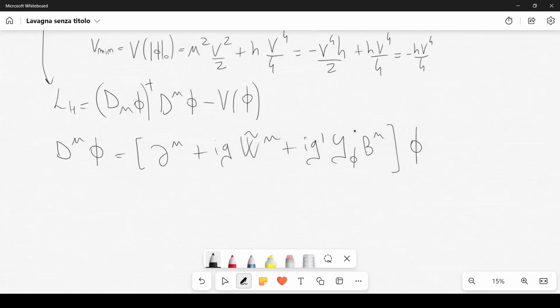Just like in the previous videos where we had doublets and this type of interaction, we had these fields entering into the expression for the covariant derivative.